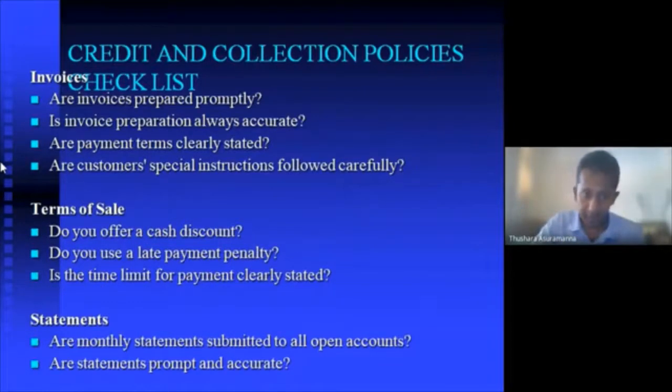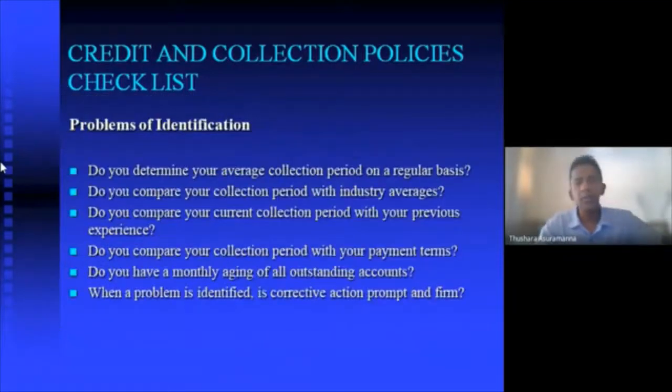Then invoices. When you are getting the invoices, these are the things that we want to check: prompt, accurate, payment terms mentioned, customer special instructions followed. Then terms of sale, statements, right? So these are the things that you need to do.